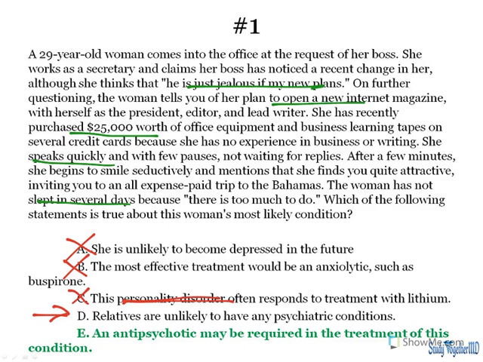All right, which leaves us with the correct answer, which is E. As we talked about, an antipsychotic may be used in the treatment of bipolar, either as a monotherapy or in a combination with lithium.